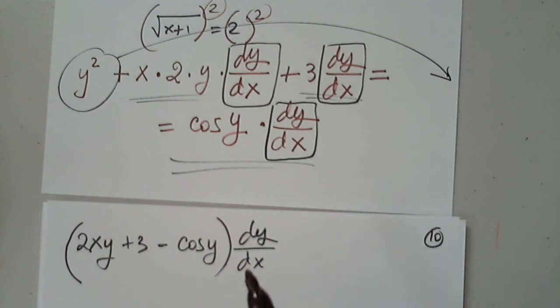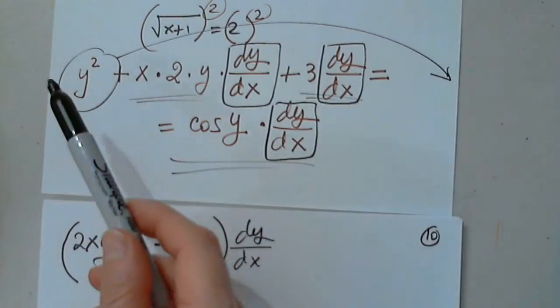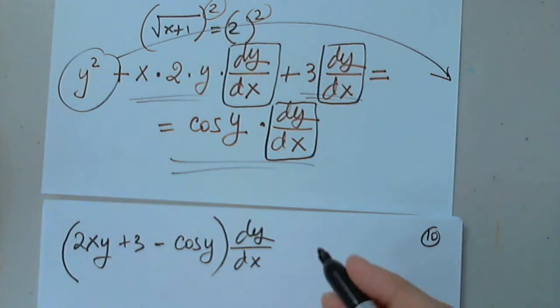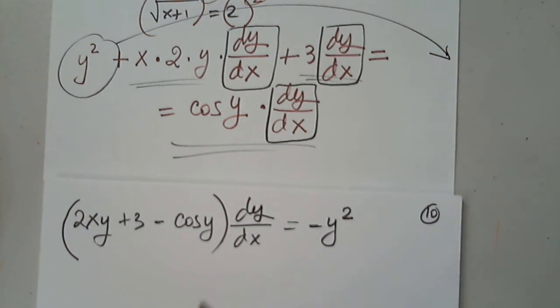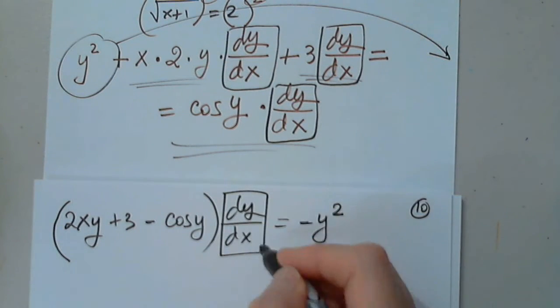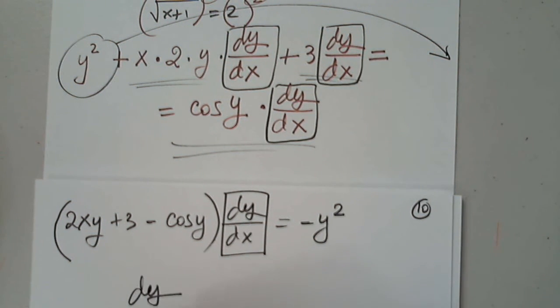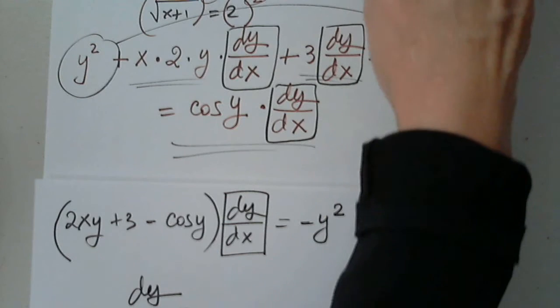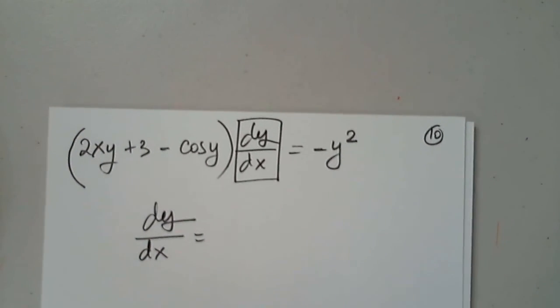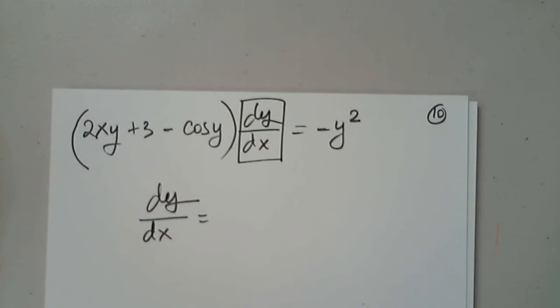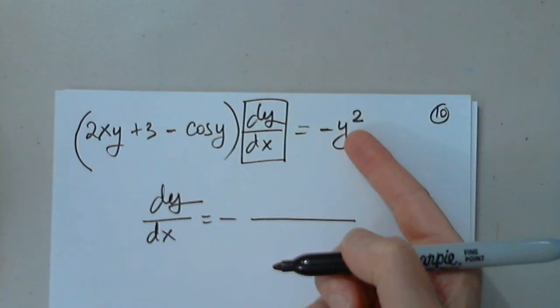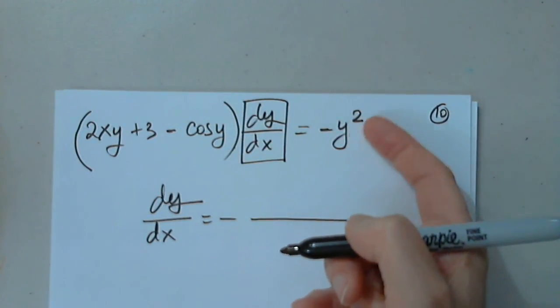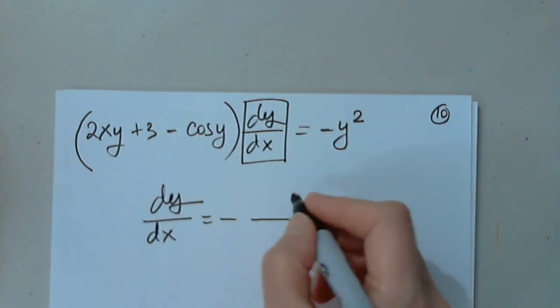Negative cosine times dy over dx is this term that is moved to the left. This term is moved to the right. And now I can solve for dy over dx. Can anyone give us the answer for dy over dx? Final answer. Negative y squared over 2xy plus 3 minus cosine y. Excellent. This quantity over this quantity.